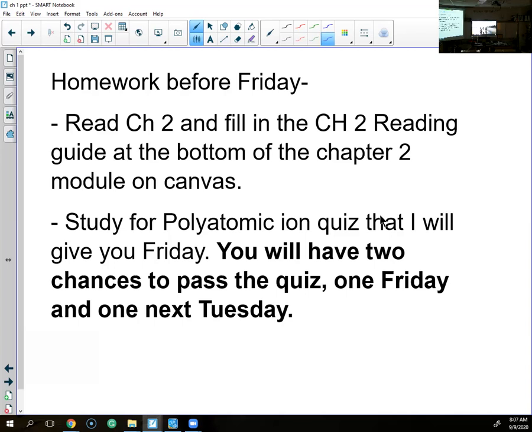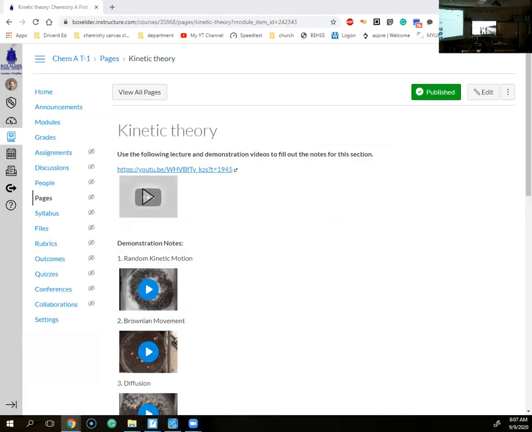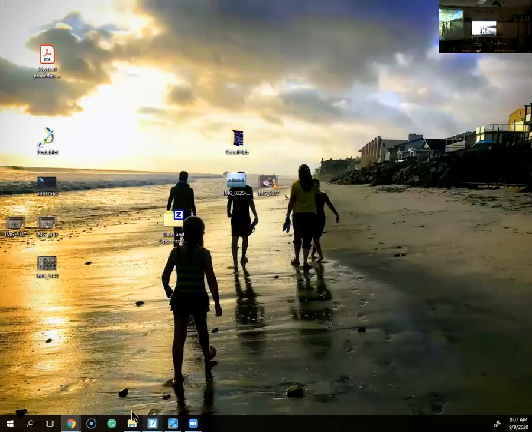So here are some things you should do before Friday. You should read chapter 2 and fill in the chapter 2 reading guide at the bottom of the chapter 2 module on Canvas. Okay, I'll come back to this page, but I'll just show you what I'm talking about. I published it this morning. It's not exactly 100% how I want it, but it's good enough.